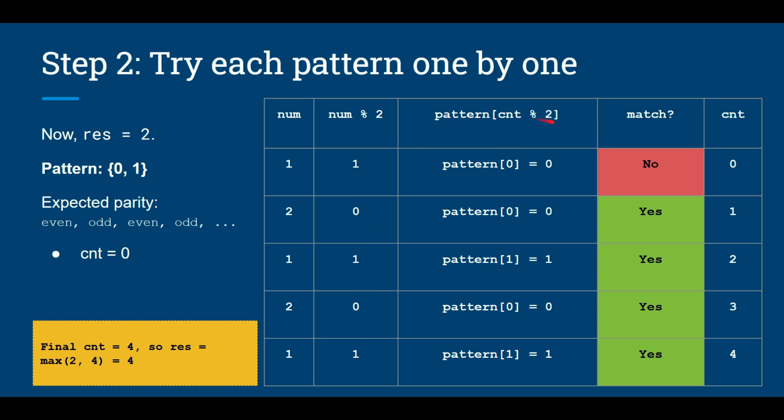This time we'll take count mod 2, and we'll get the count value. The count value is initially 0, and we'll take the mod, so we'll get 0, and again 0. So the count value changes, so it is 1 now. Because it's matching, it increases the count value.